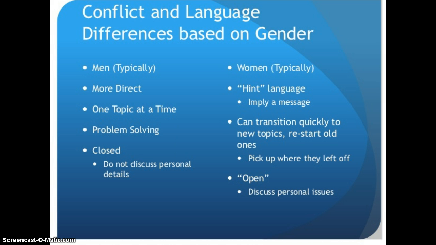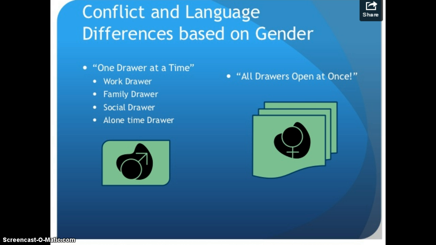Other differences is that men's minds work like a filing cabinet. They deal with one drawer at a time. They have in their little filing cabinet things related to work, family, social, and then alone. And they usually don't really intermingle. If they're dealing with work, they're dealing with work.